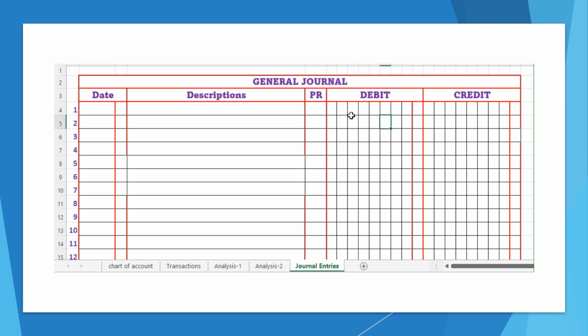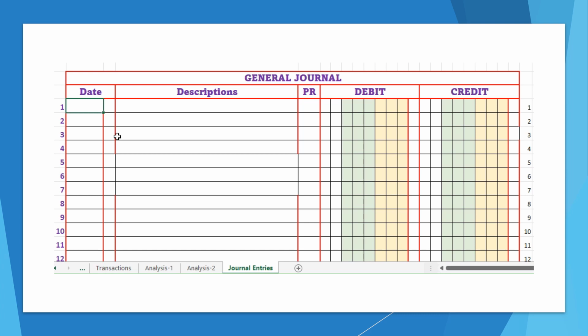We have the so-called place value. This is the centavo. Then ones, tens, hundreds, thousand, and so forth and so on. Okay, same with the credit. Okay, since you are now familiar with the general journal, let's continue journalizing.